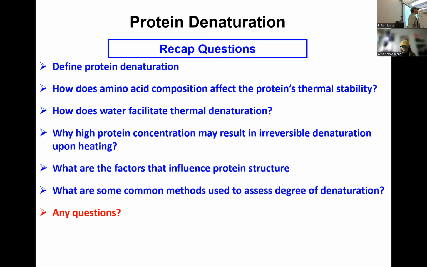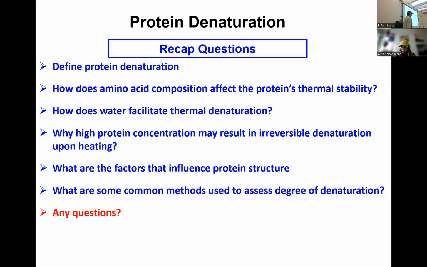Yeah, and we can still use either for degree of hydrolysis. It depends on the standards you use and the calculation equation you use. The OPA is more common and a lot of people study it, and you have a clear calculation for it. The other one is less studied for that.